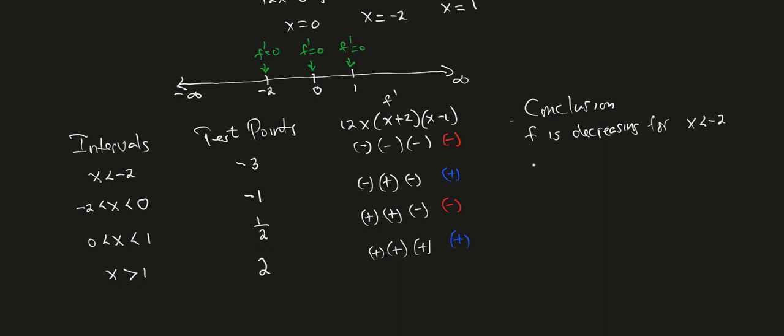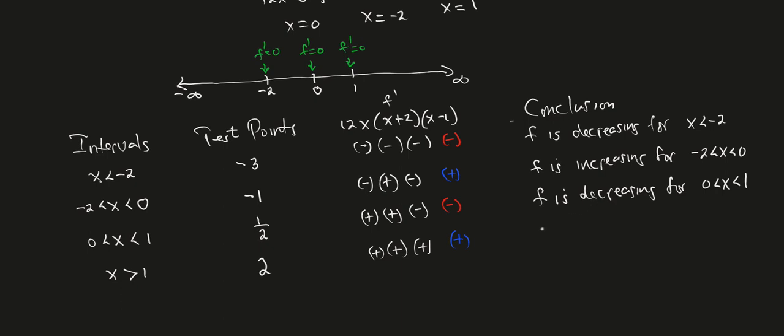And then f is increasing for x between negative 2 and 0. f is decreasing for x between 0 and 1, and then now f is increasing again for x greater than 1.